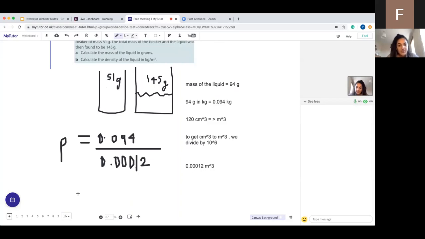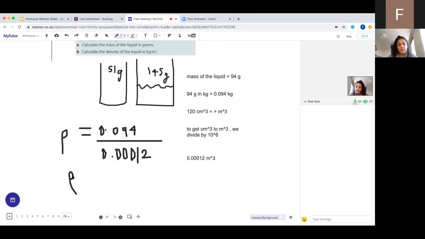So when we divide 0.094 by 0.00012, we should be getting a density of 783 kilograms per meter cubed. So that is how we do the conversion of units.